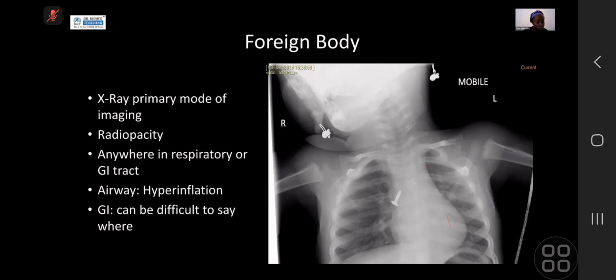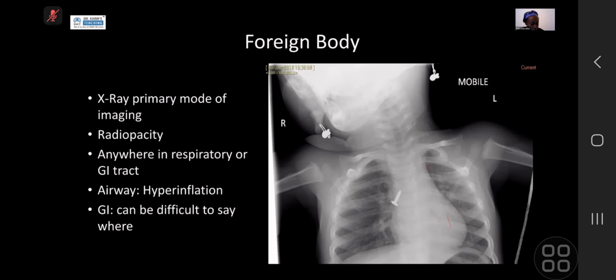We changed our imaging protocol for magnets. So we used to do just an abdominal radiograph initially, and a chest radiograph if you saw nothing on the abdominal radiograph but were concerned that they'd ingested a foreign body, just to see where it was. And then if we saw a single ingested magnet on the radiograph, we would then do a lateral of the abdomen to see if there are multiple magnets, because you can get magnets that stick to each other and look like one single magnet on the imaging.